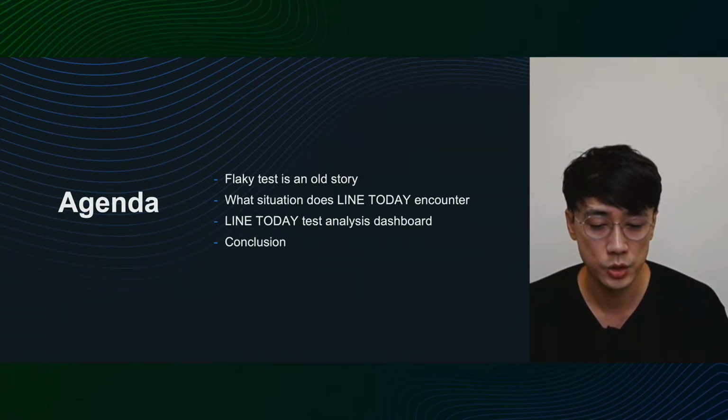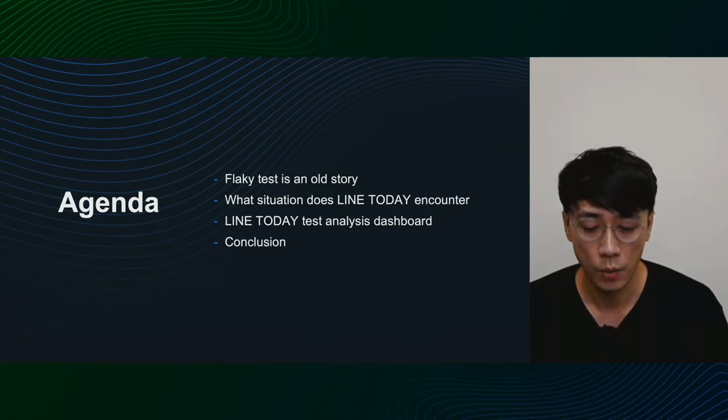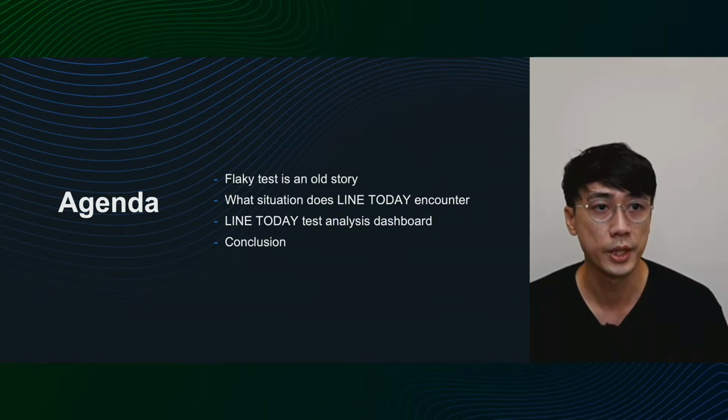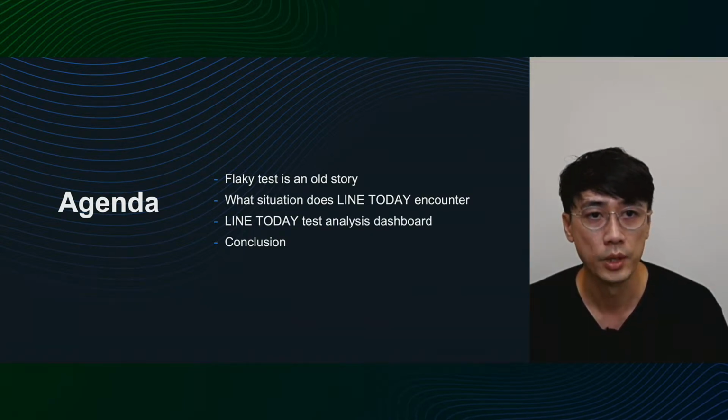Okay, this is our agenda. I will show 4 topics here. The first one: the flaky test is an old story. Do you ever face this problem? Even when a test result is automatically sent to a test management tool such as Jira, I think most people do not look at the test result after testing.